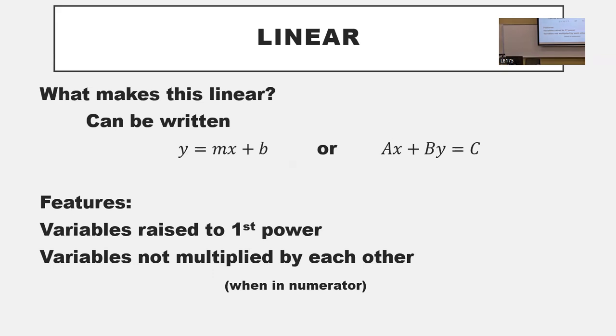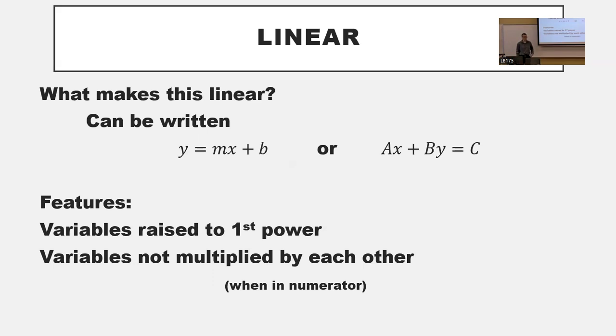Another way to think about linear is the features that make something linear. Essentially, it's taking the variables and raising them to the first power only. An equation with two variables, let's call them x and y, is linear if x is raised to the first power only, y is raised to the first power only, and the variables aren't multiplied times each other.